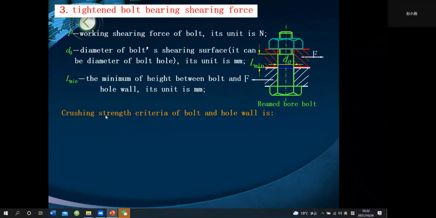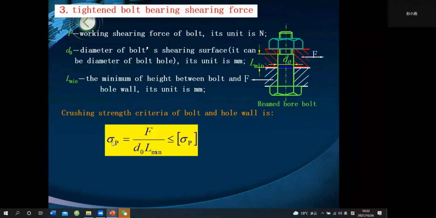So the crush strength criterion of the bolt and hole wall is that the crush stress is equal to F divided by D0 times L minimum, and should be less than the allowable crush stress.